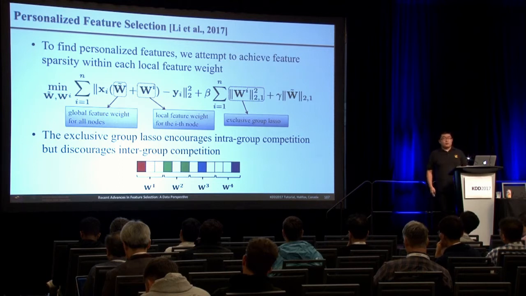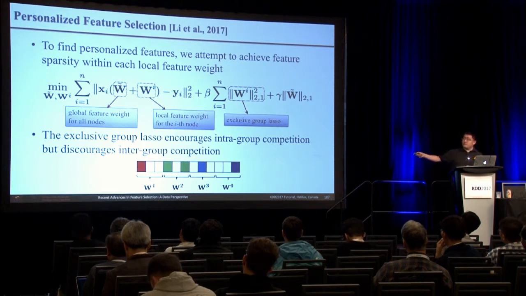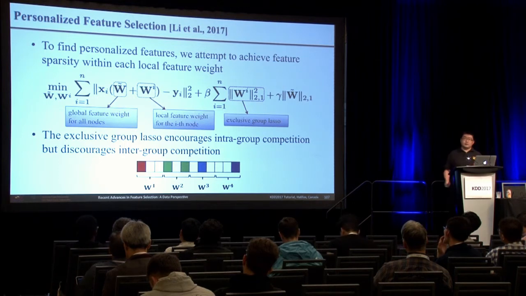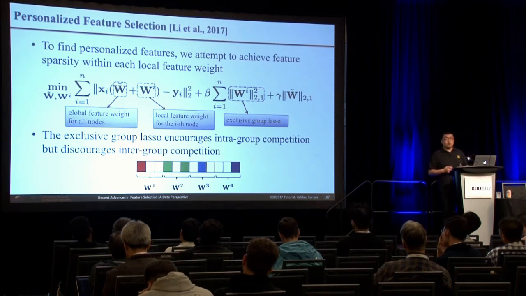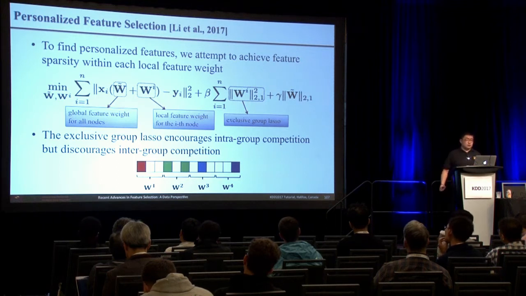First, we want to find the globally important features, so we impose the l2,1 norm on the global feature weight, W tilde. In this way, we can find the globally important features for all the nodes in the network. Then the problem is how we could find the personalized features for each individual. Here we make use of the exclusive group lasso term.